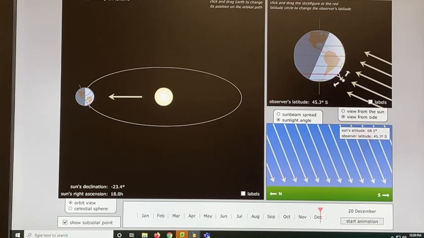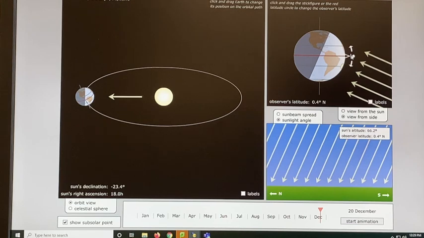If we go to this equator, all right, latitude again 0. Sun's altitude is 66.7 degrees, 66.5 degrees.